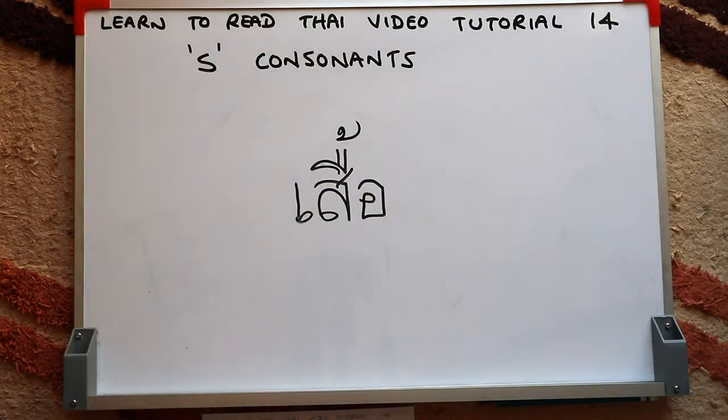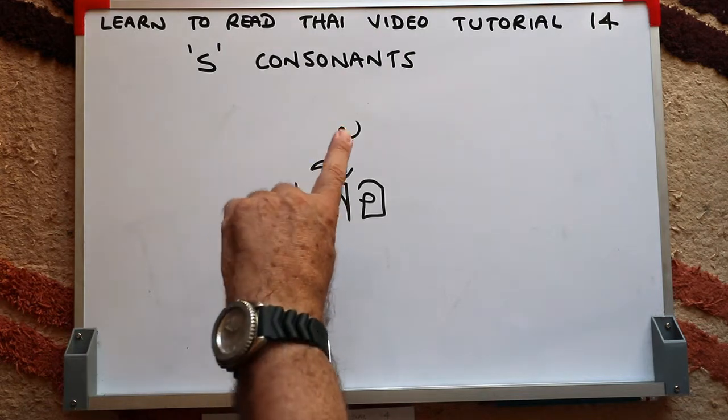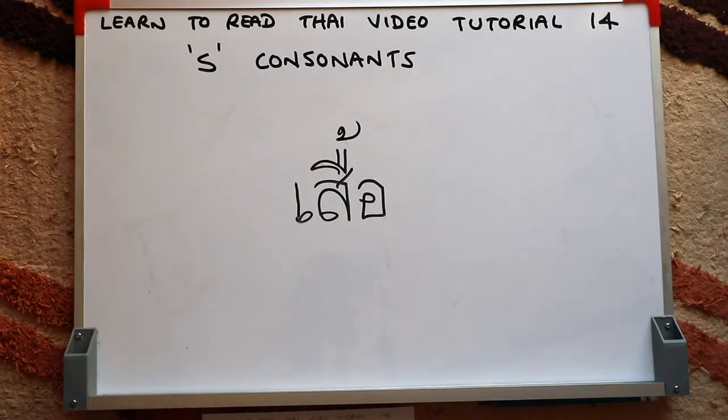Now Pom will change the tone mark again. So she's rubbed out the first tone mark and put in the second tone mark. And again, if you go back to the tone rules, a high class initial consonant and the second tone mark gives a falling tone. เสื้อ เสื้อ เสื้อ You notice there that as she says it, there's more energy that goes into the first part of the word, and then it falls away.